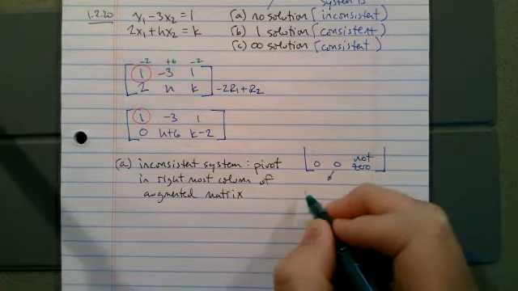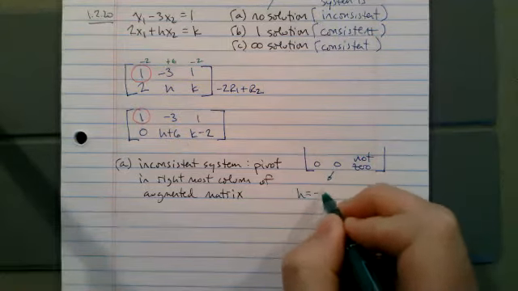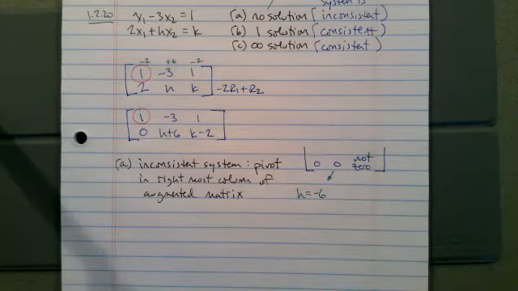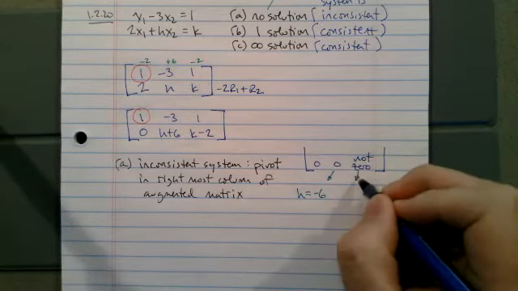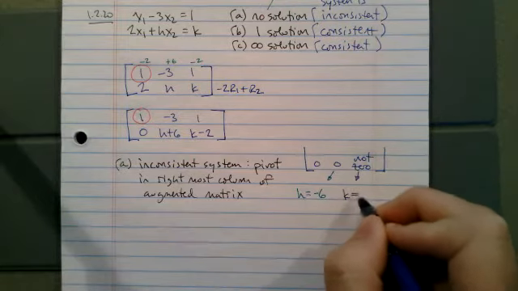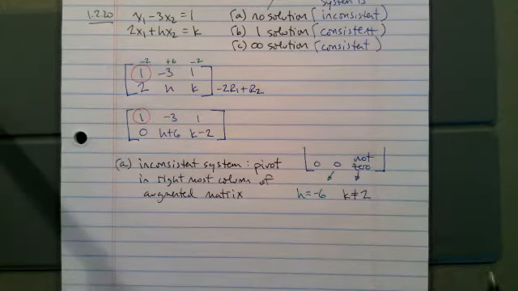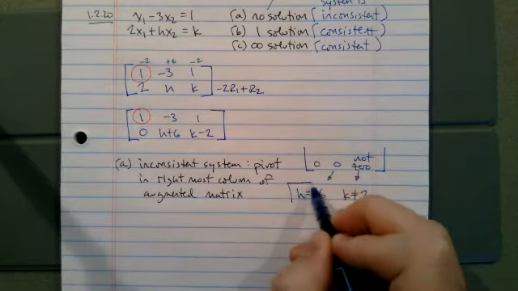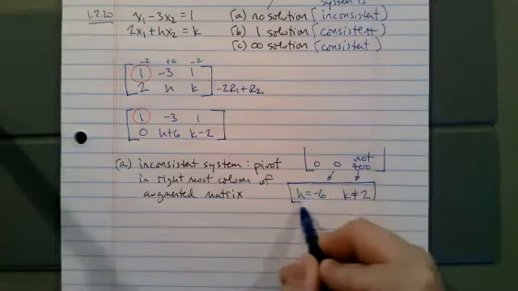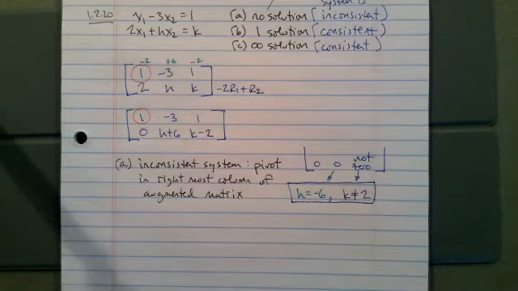So to make this happen, h has to equal -6 to make that 0. And to make the last column not 0, k can be anything but 2. So if h is -6 and k is something other than 2, then the last row will look like 0, 0, not 0. And that will give us an inconsistent system. Once again, this is an exercise in reading pivots.